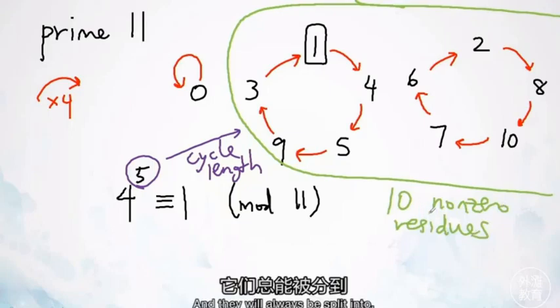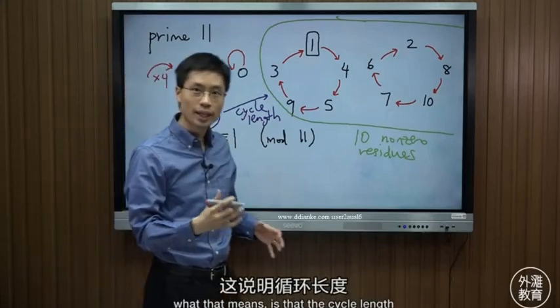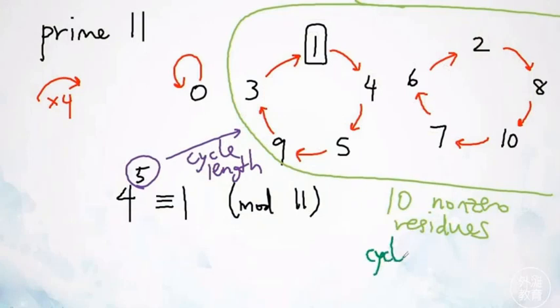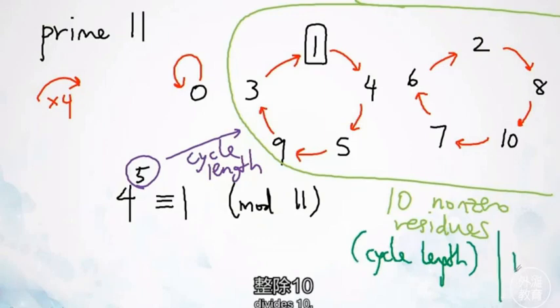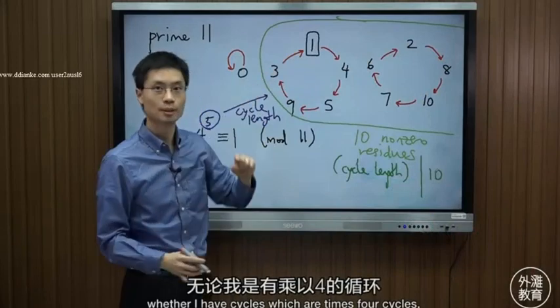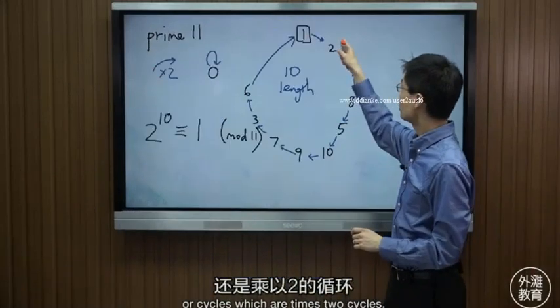And they will always be split into cycles of the same length. What that means is that the cycle length divides 10. This is always true, whether I have cycles which are times 4 cycles or cycles which are times 2 cycles.